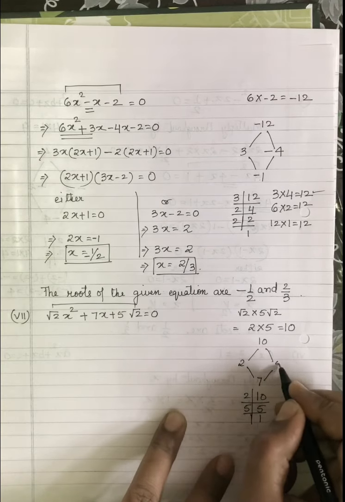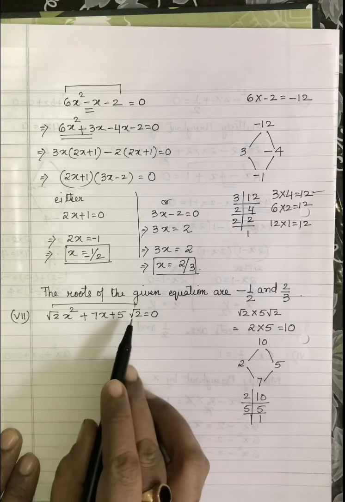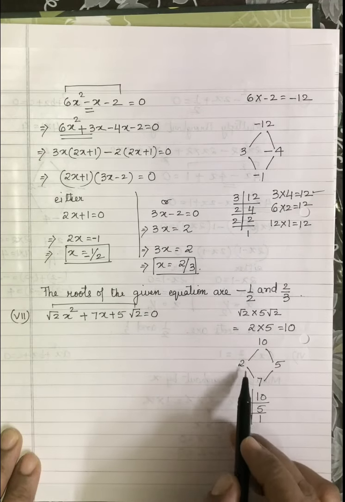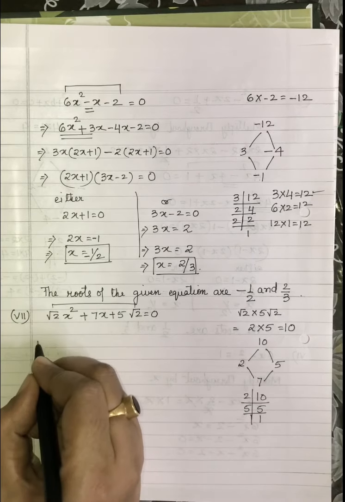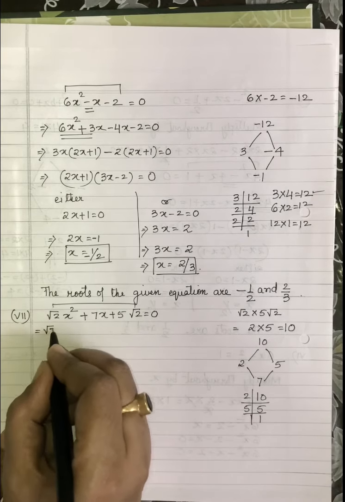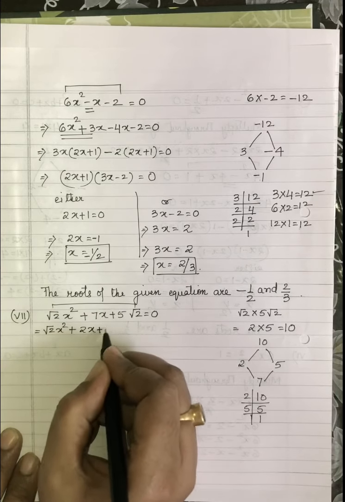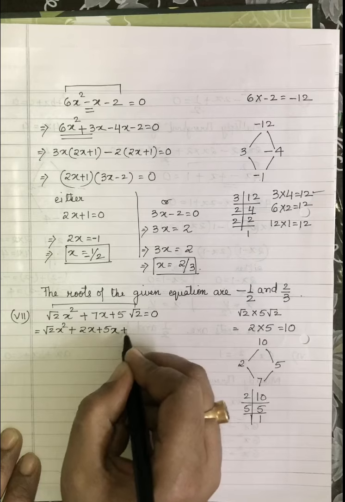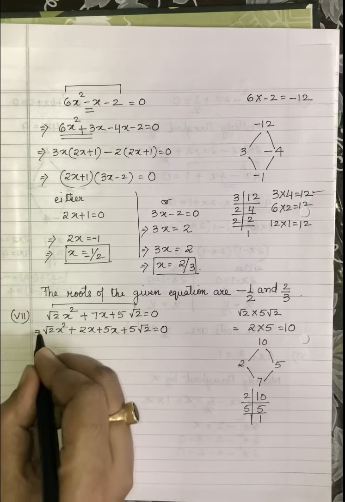So both are positives, children. When all the terms are positive, generally you don't find any difficulty. Even you will get your numbers as positive ones. So it can be written as root 2x square plus 2x plus 5x plus 5 root 2 is equal to 0.